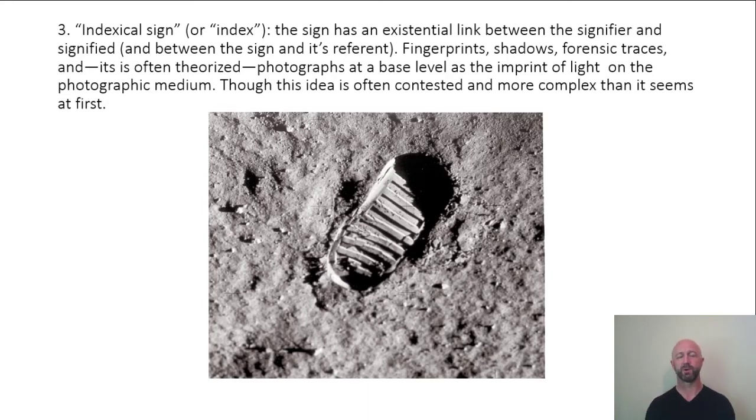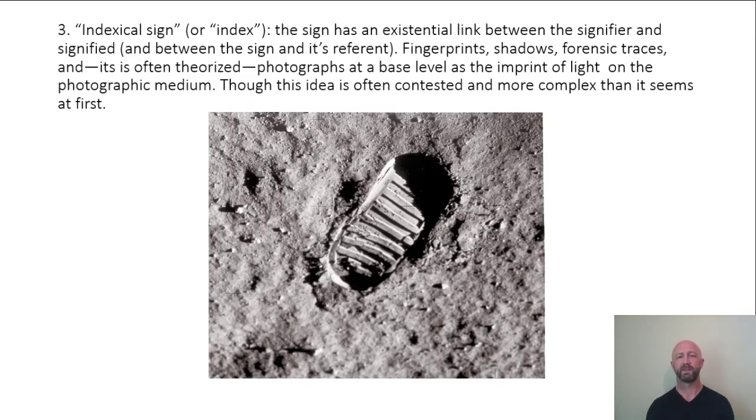That is then developed and produced as a photograph. So at a base level, although this is very complex, photography is oftentimes understood as an indexical mark or an indexical trace or an indexical sign, meaning there's a direct existential link between these two.